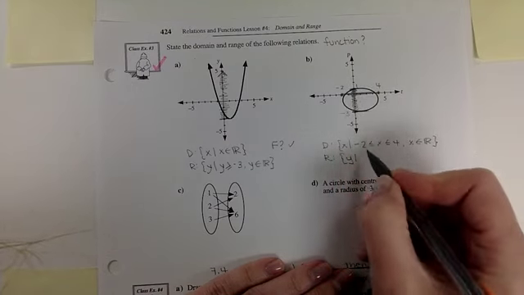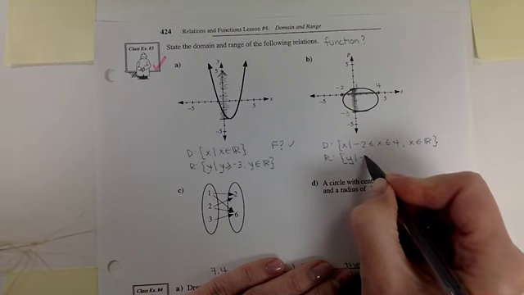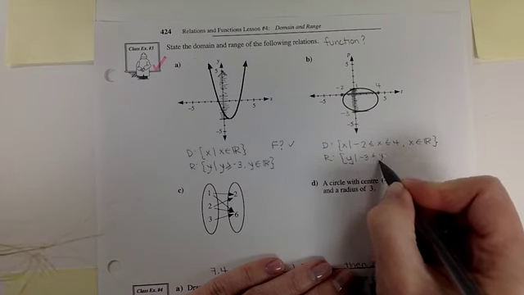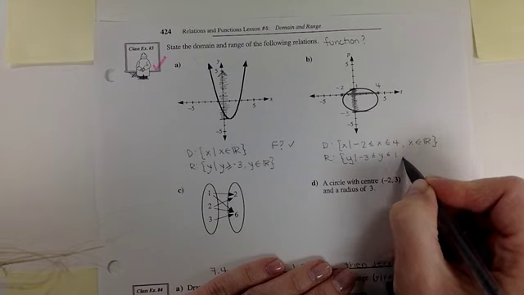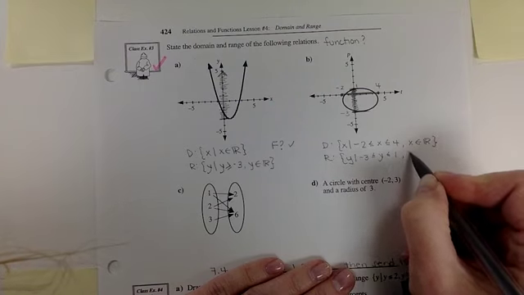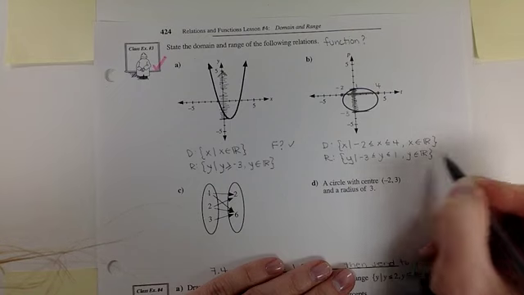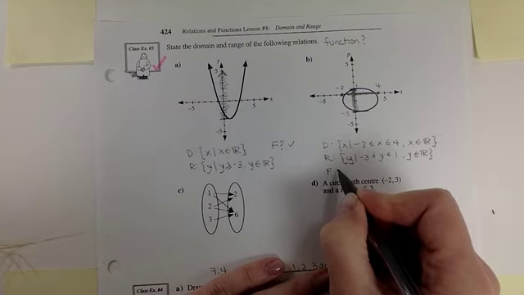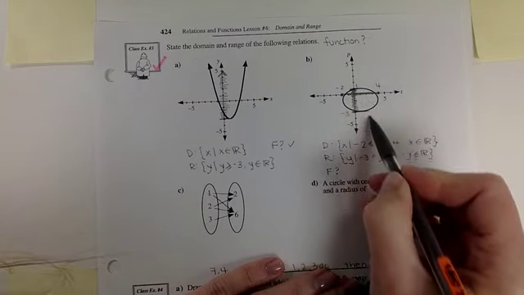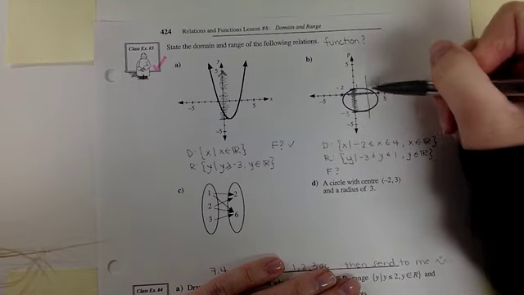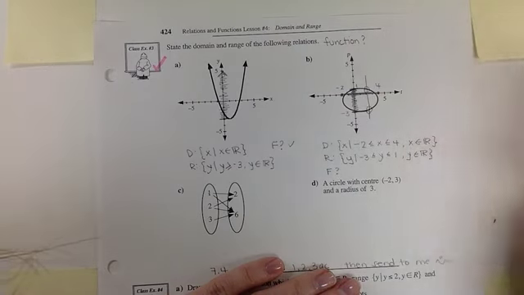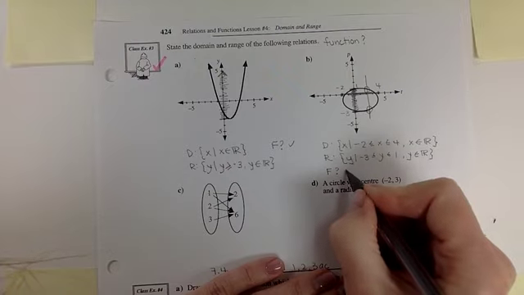So my lowest number first, y such that -3 is less than or equal to y, less than or equal to 1, comma, y in the set of reals. And function or not. If I do vertical line, I'm going to hit my graph more than one time, so no.